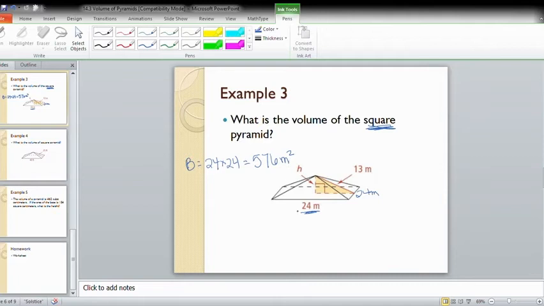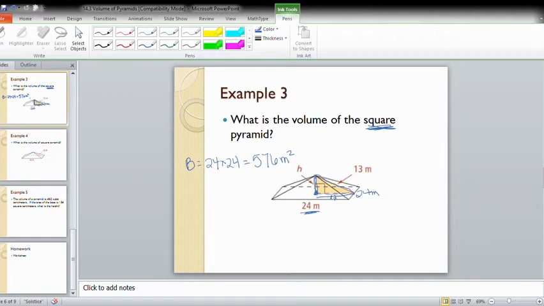And then we need our height. Well, here's the problem. Right now I don't have it, but you can see this is a right triangle, right? And the height drops down right into the middle of our base. So if the whole base is 24, we know that the middle is going to cut it in half, so this is going to be 12.